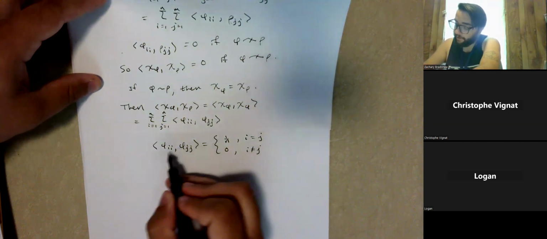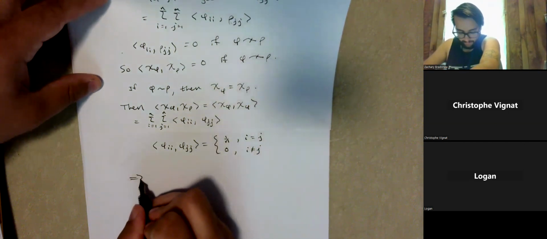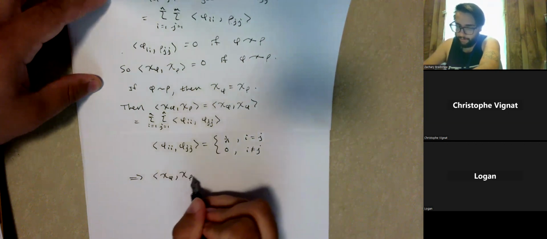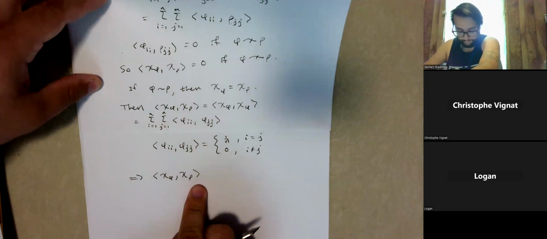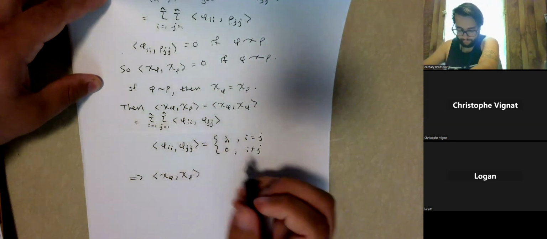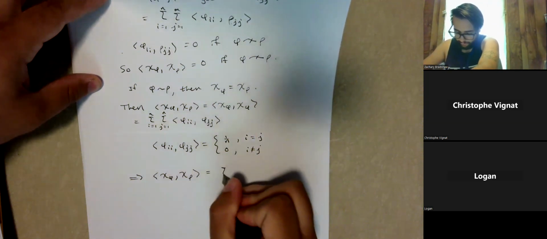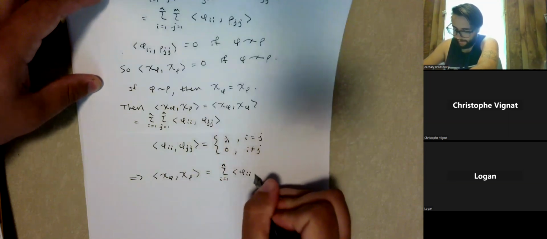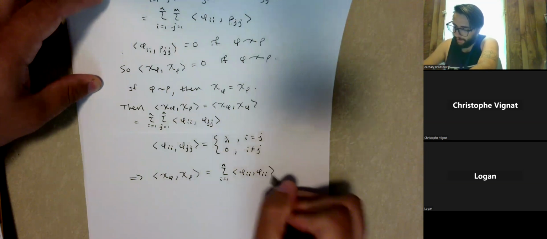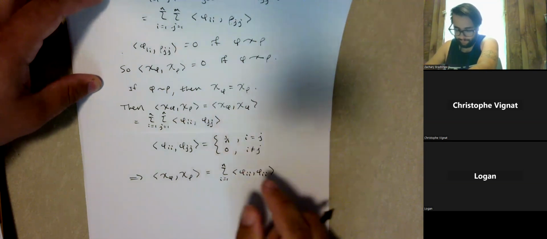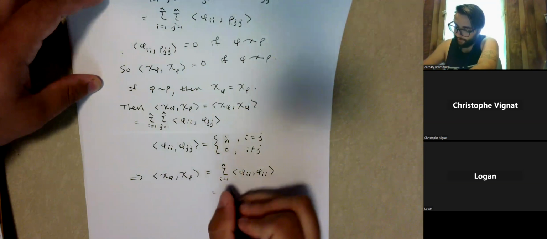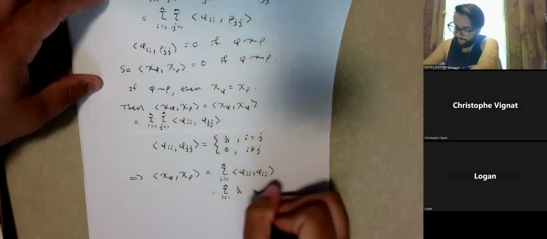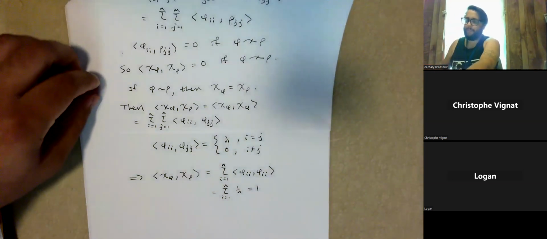And we use this, and this implies that chi_phi inner product with chi_rho, in the event that these are the same, or equivalent at least, is equal to the sum from i equals 1 to n of the inner product of phi_i, phi_i, because all other terms are 0. And this is the sum from i equals 1 to n of 1 over n, which is just 1.